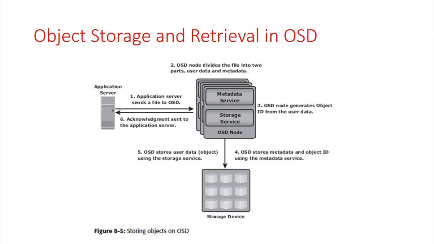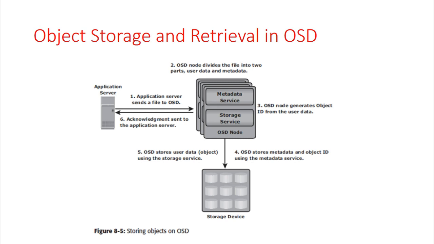The fourth step, the OSD node stores the metadata object using the metadata service. And the fifth step is OSD stores the object using the storage device. And lastly, an acknowledgement will be sent to the application server stating that the object has been stored successfully. After an object is stored successfully, it is now available for retrieval.